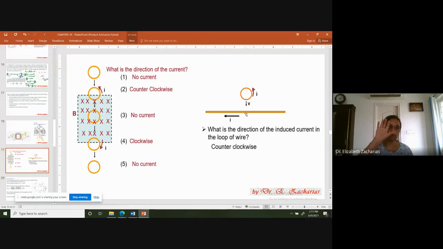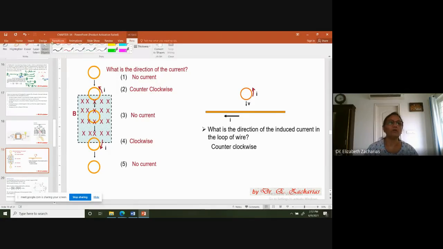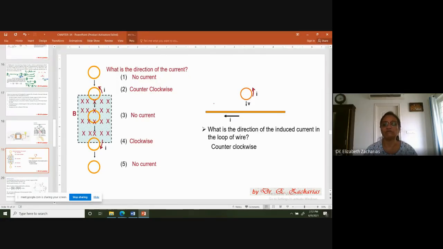So according to your Ohm's law, according to your magnetic field laws, what should be the direction of the magnetic field? The direction of the magnetic field is going to be like this. Please remember, the magnetic field will be larger near the wire and sparser as you move away.